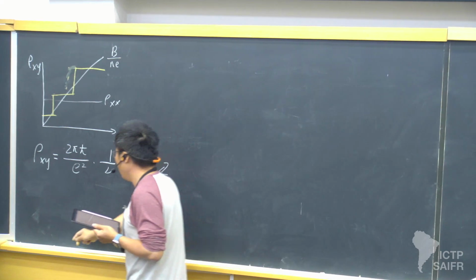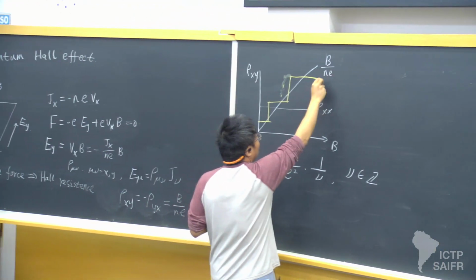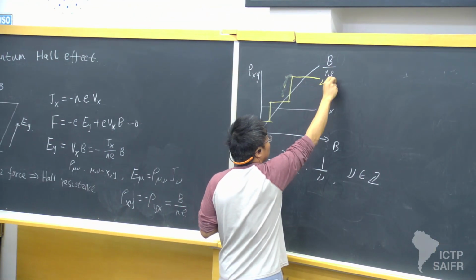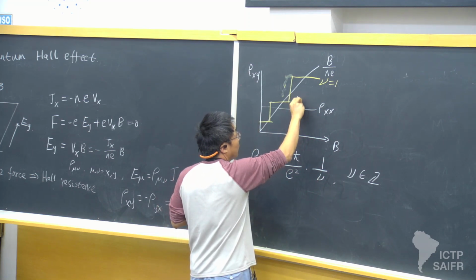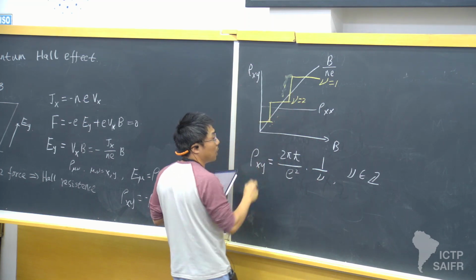So for those plateaus that I draw here, the first plateau is nu equal to 1, the second is nu equal to 2, and it keeps on going.